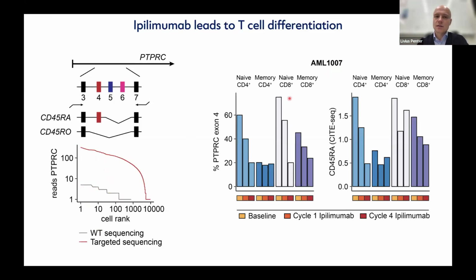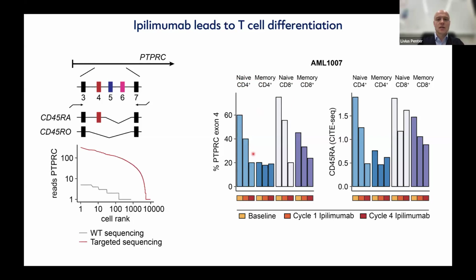So on this plot on the right-hand side, we can see the expression of exon 4 of PTPRC. That's basically CD45RA. And I'm showing you the expression in different T-cell subsets. For each subset, we see the expression before ipilimumab therapy, and then after 1 and after 4 cycles of ipilimumab.